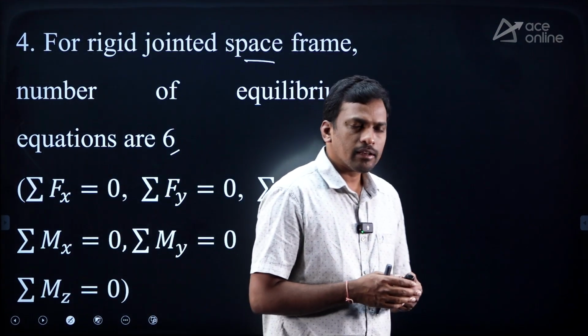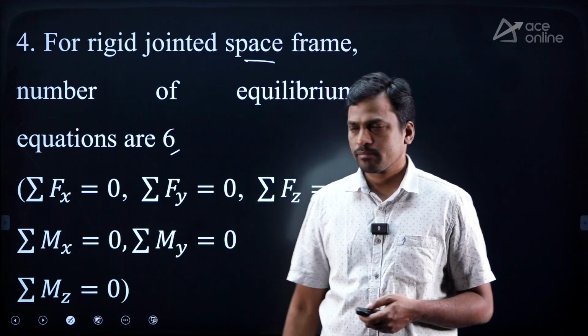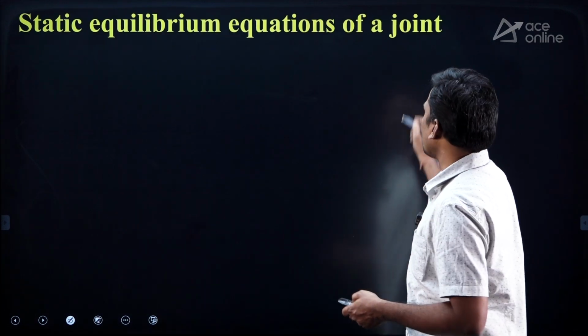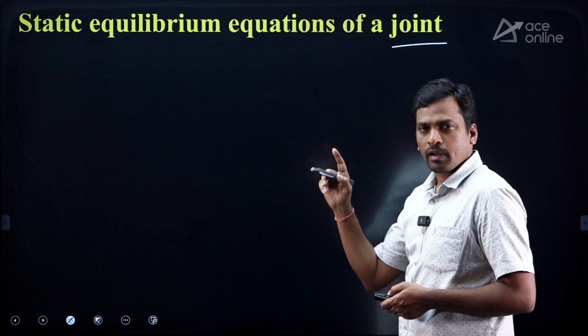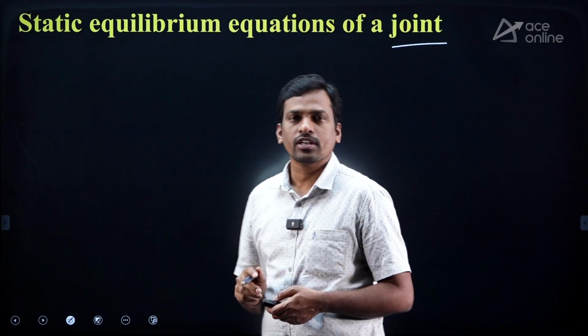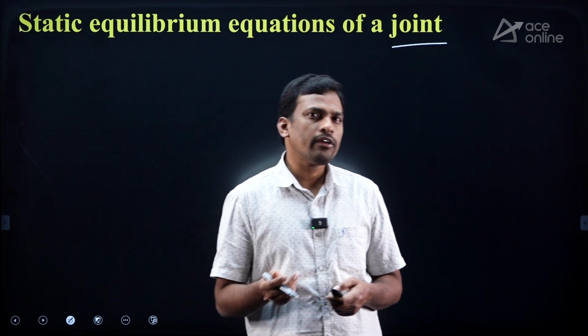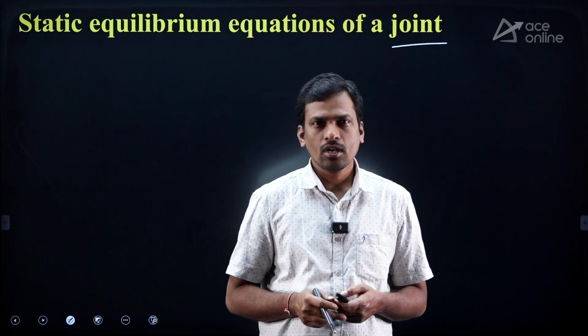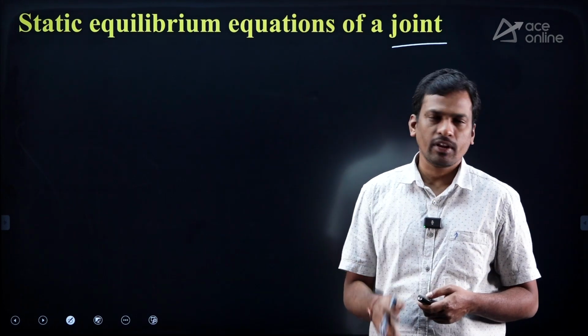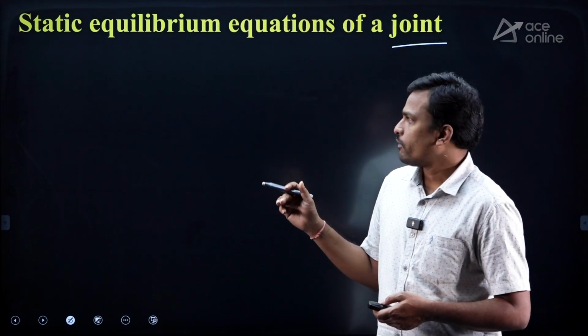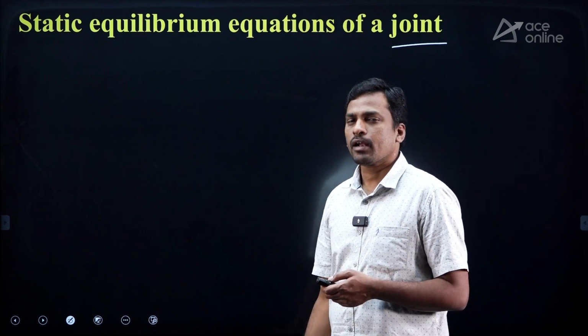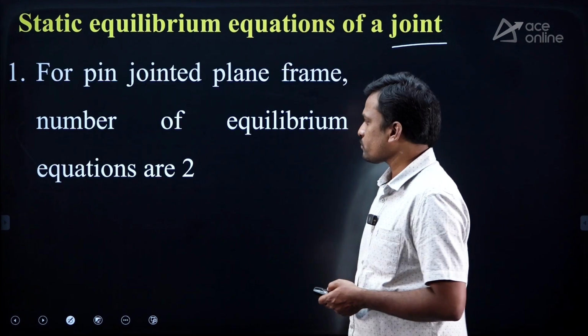Next topic I gave is the equilibrium equation of a joint. The previous topic was the equilibrium equation of a structure, right? Then for a joint, again you have to remember only for plane frames, no need to remember for space frames. For a pin jointed plane frame, the number of equilibrium equations is 2.